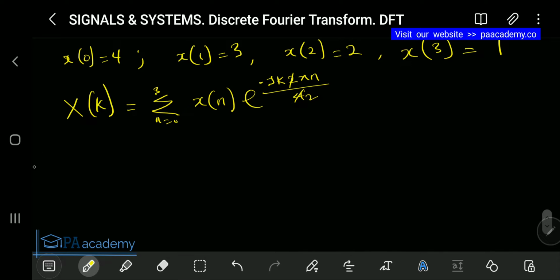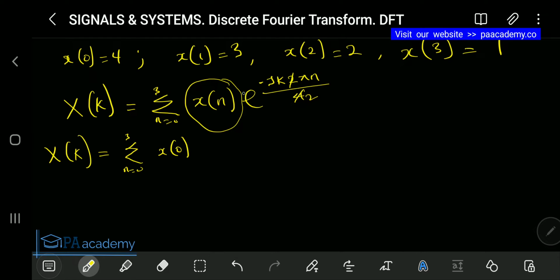Alright, so now we can also continue with having x of k equals the summation from n equals 0 to 3 of x of 0. Now we are bringing in x of 0, x of 1, x of 2. You can see we are replacing, putting it in place of this x of n.